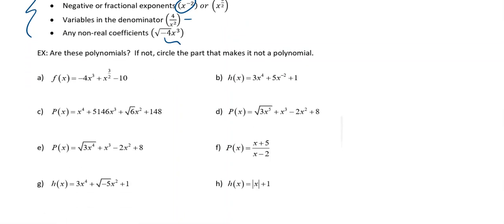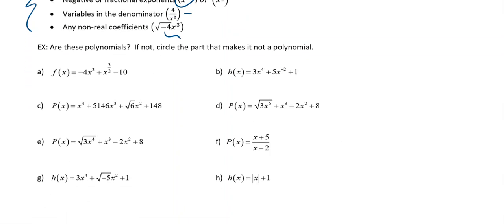So looking at this one, let's say, are these polynomials? I can see a fractional exponent, so no. For B, what would be the problem here? Yeah, the -2 exponent. Yeah, -2 exponents, so no. All right, C, what about this one?